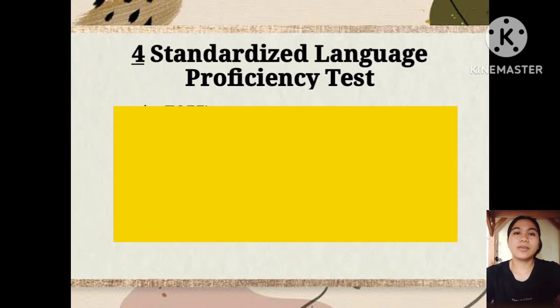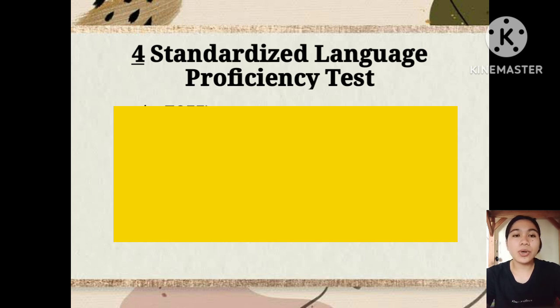I'd also like to emphasize the four standardized language proficiency tests. We now turn to some of the better known standardized tests of overall language ability or proficiency to examine some of the typical formats used in commercially available tests. We will not look at standardized tests of other specific skills here, but that should not lead you to think by any means that proficiency is the only kind of test in the field that is standardized.